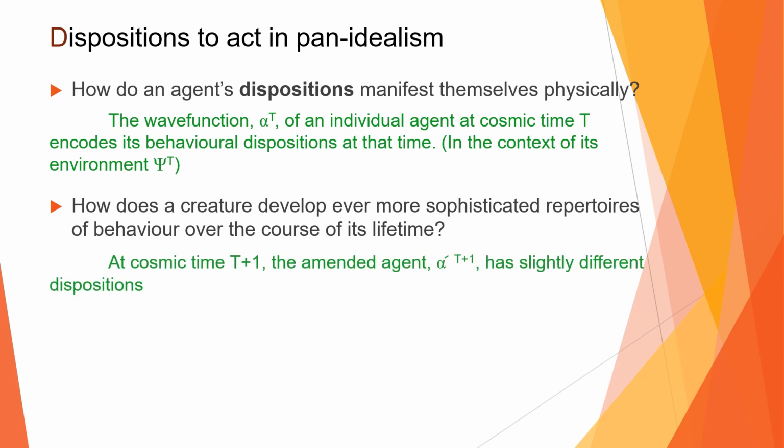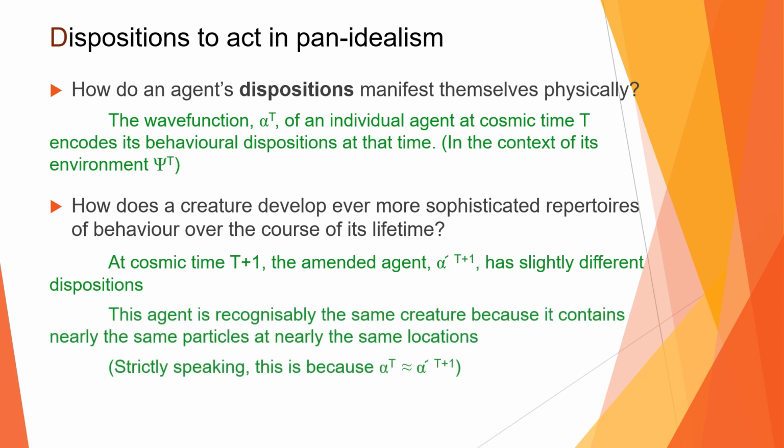At cosmic time t+1, the amended agent, denoted alpha prime_t+1, has slightly different dispositions. This agent is recognizably the same creature because it contains nearly the same particles at nearly the same locations.